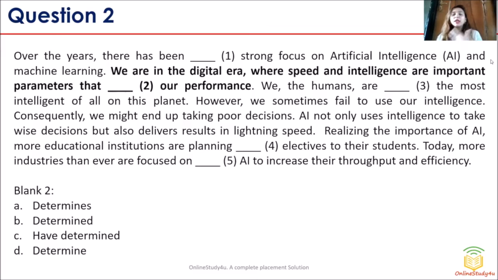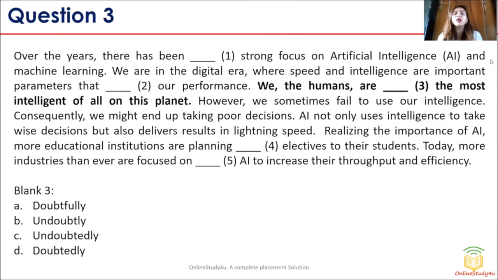So when you're looking at speed and intelligence, which are two things, we need a plural form of verb. So determines is anyway out of question. Both determined and have determined are in different forms of tenses. So we will not go ahead with options B and C. We will select option D, that we are in the digital era where speed and intelligence are important parameters that determine our performance.